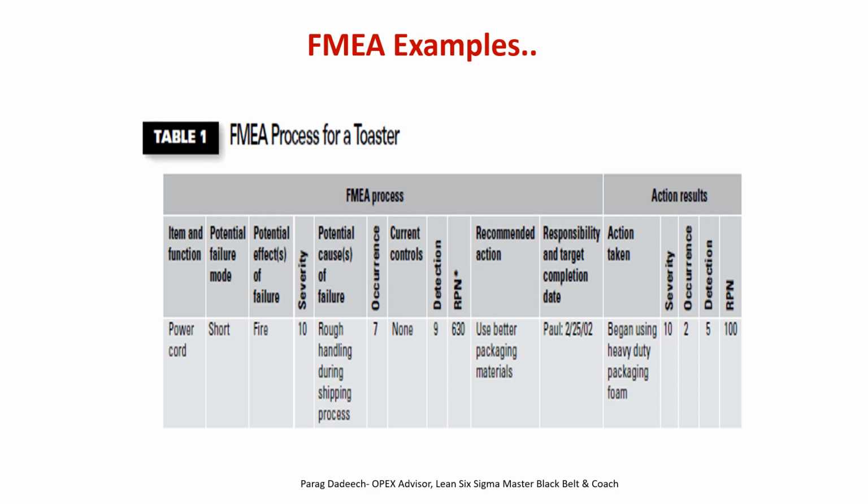And maybe now we have also deployed some better detection controls. So the new detection rating improves to 5, which is moderate chances of detection. So after your actions, the RPN reduces to 10 multiplied by 2 multiplied by 5, which comes to 100.